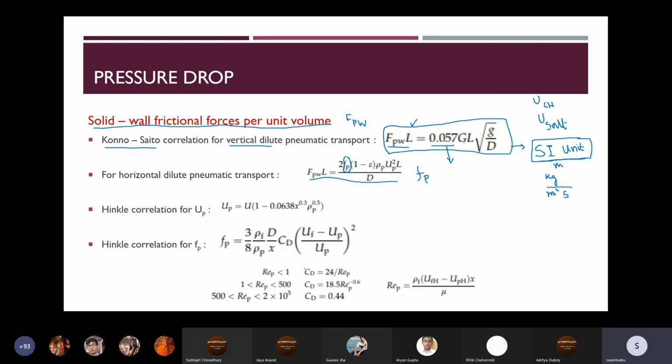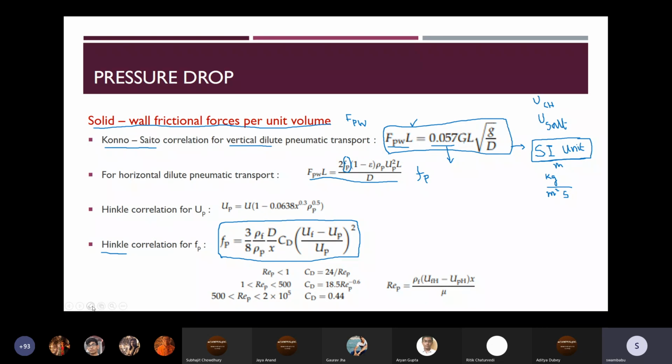So FP can be expressed using this. FP can be calculated from this correlation, the Hinckel correlation. Similarly, for UP, we only know the superficial velocity of the gas, and we don't know what velocity it attained because of the acceleration, or what velocity it attained in a horizontal pipe.